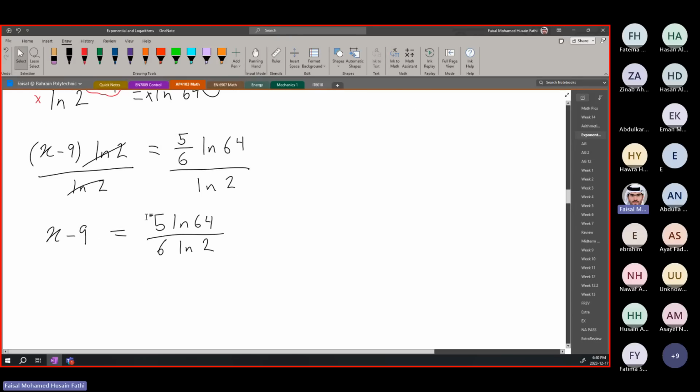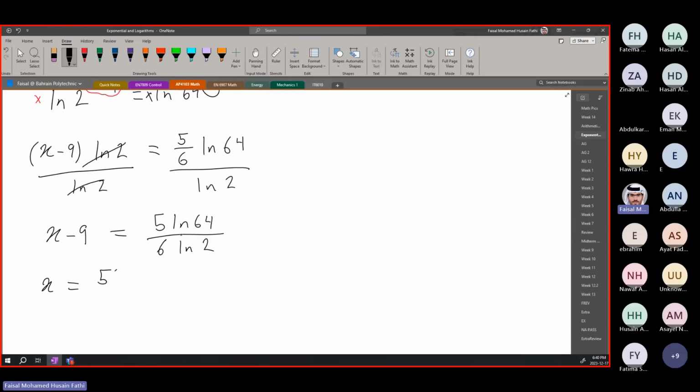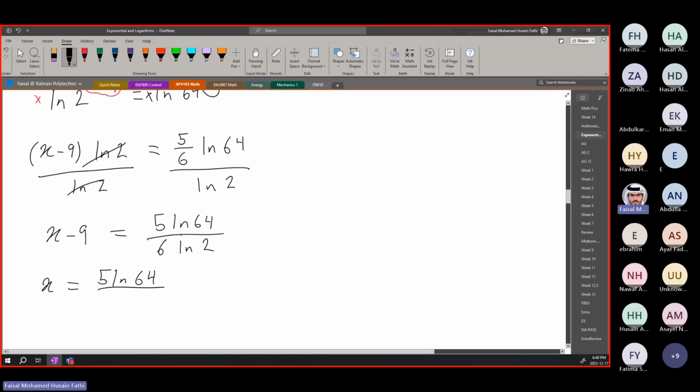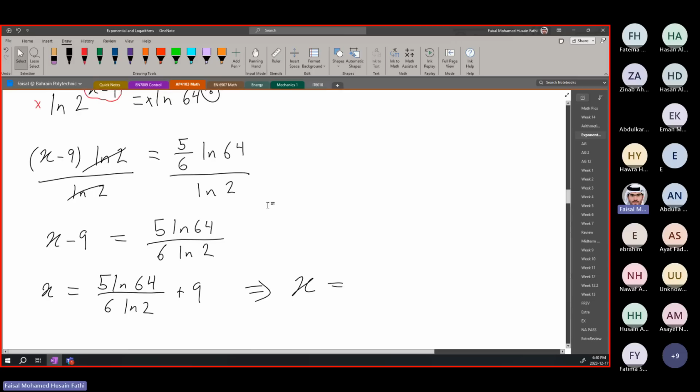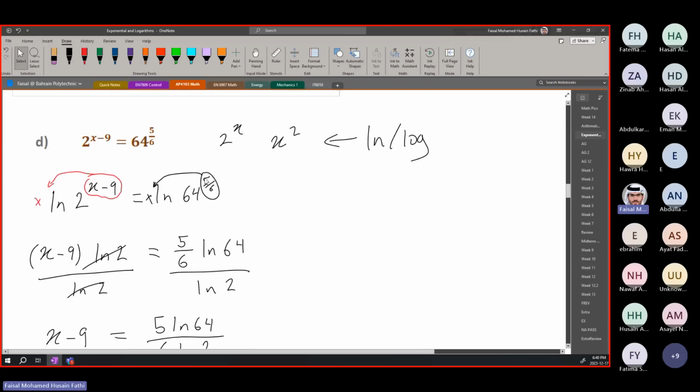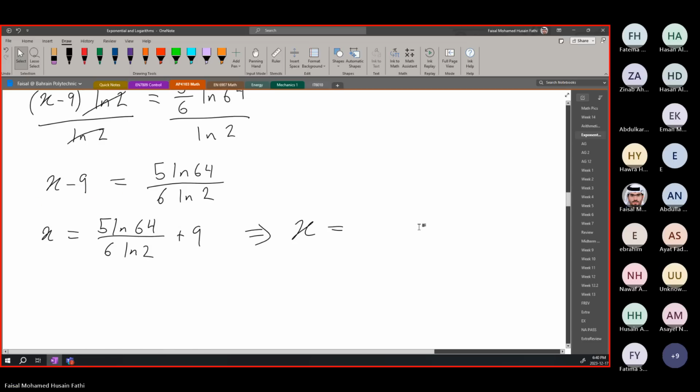All right, and then plug this into the calculator. x is equal to 5 ln 64 over 6 ln 2 plus 9. Plug all of this in the calculator and you will get your x value. All right? Again, just to reiterate, you don't have to take this 5/6 outside. You can leave it as it is, because this is all numbers, they're not variables, so you could just solve it. Fine?